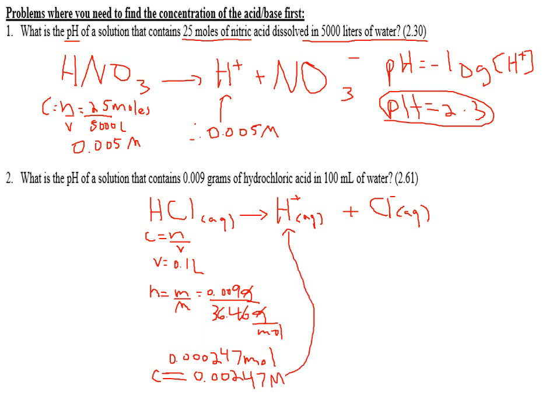You have to write it down, and then you can do your negative log of that concentration to get the pH value. Negative log of concentration of H plus, and that should give us 2.6.